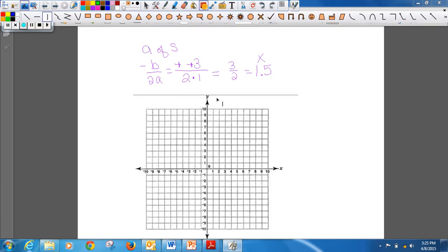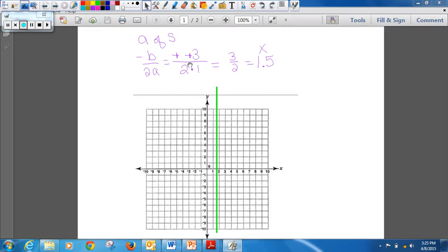So if I draw that in here, it looks approximately, let me scoot it over just a little bit, right there, as x equals 1.5. Okay, then the next thing we had to do is make our table of values. The first thing you want to find always is your vertex, which will be on the axis of symmetry, so I always use that x value.